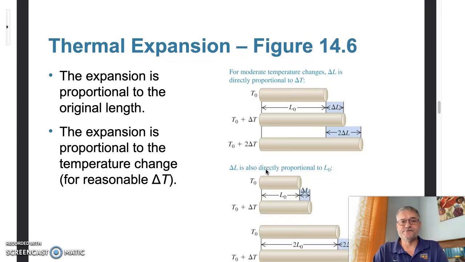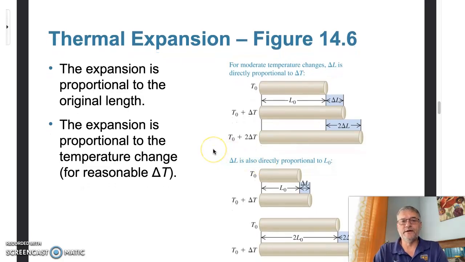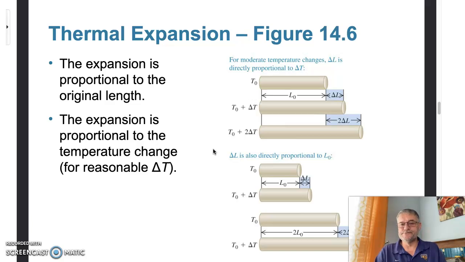Next concept is thermal expansion. When most materials, I want to say almost every material, but there are exceptions at least at certain temperatures with materials. We have this illustration here showing how when temperature is at 0, you have this length.